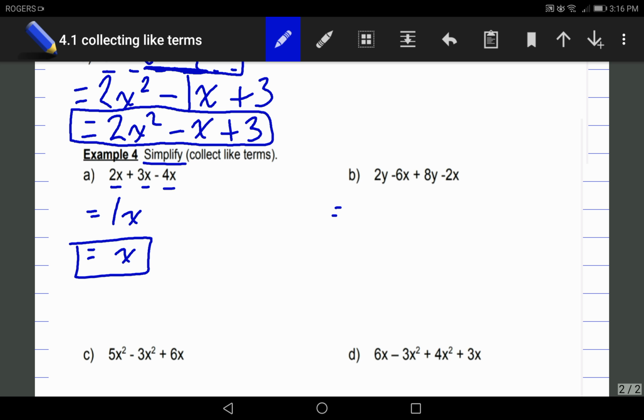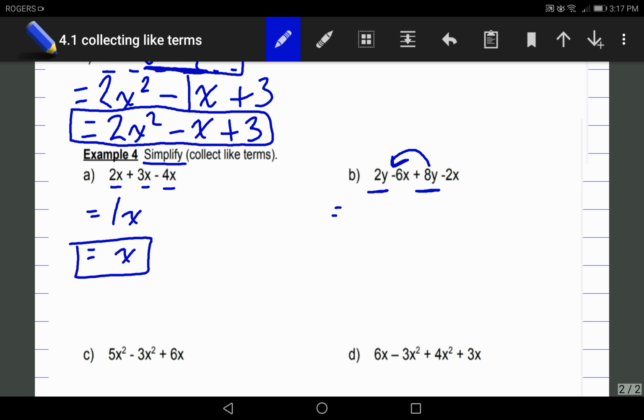Okay, here this is getting a little bit more complicated because the like terms are not beside each other. Take a look here. I have 2y here and I have positive 8y there. So what I suggest you do is reshuffle this around. You can take this expression and just shuffle around your terms. So instead of putting the plus 8y there, just move it in front of the negative 6x.